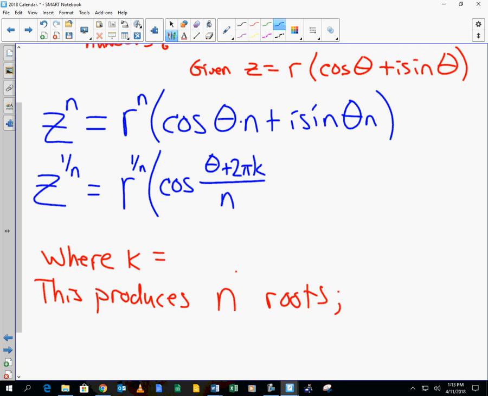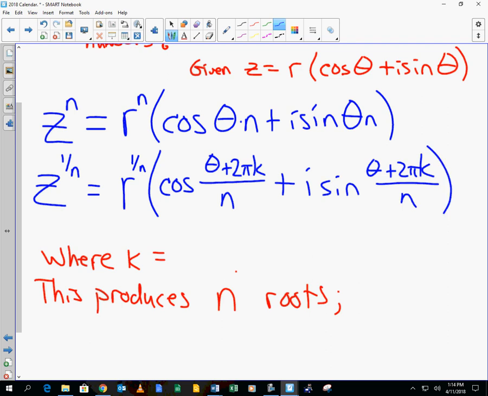Best bet would be to really go through the reading in your book, because it would take us quite a while to go through how this formula is actually produced. The proof is rather strenuous for us, so you really just need to trust this formula. It's very similar to De Moivre's formula, but you got this 2 pi k piece here. We have plus i sine of theta plus 2 pi k divided by n.